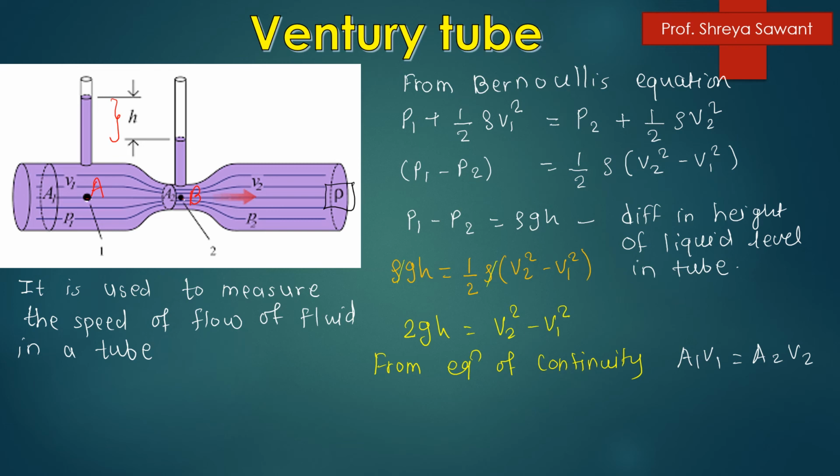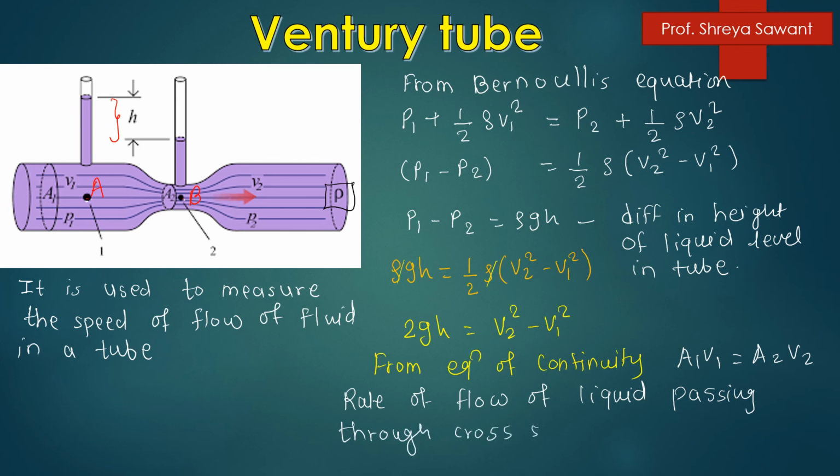So we conclude that the rate of flow of liquid passing through the cross section can be calculated by knowing areas A1 and A2.